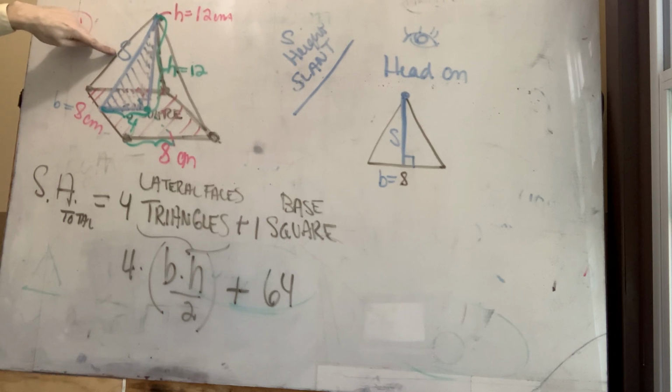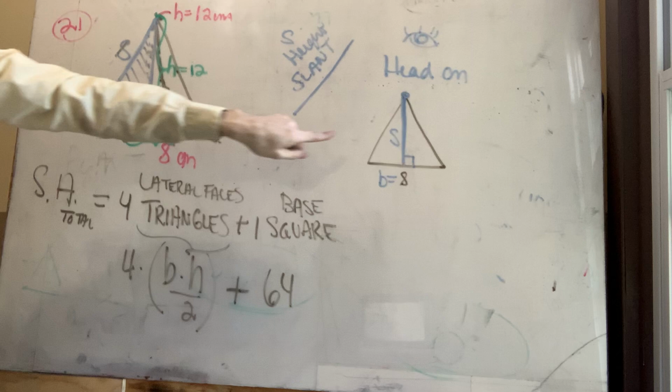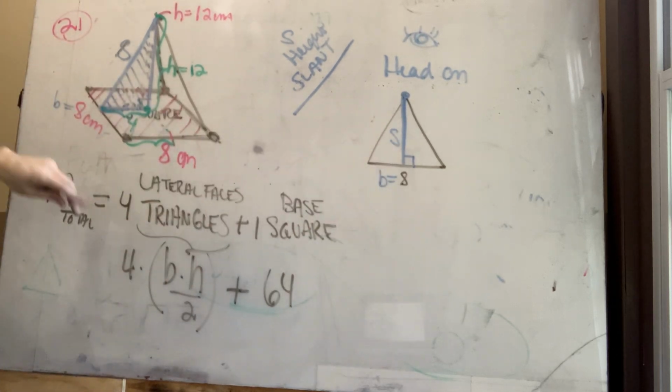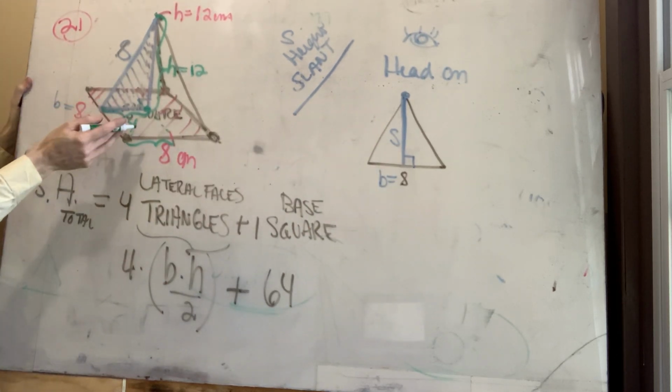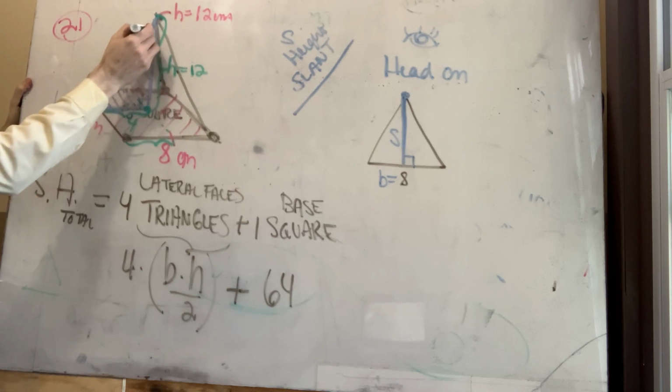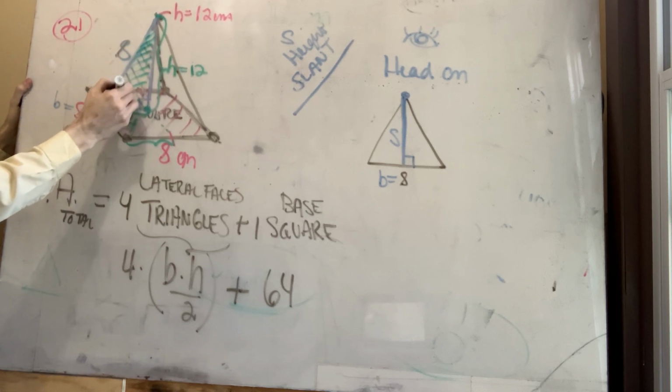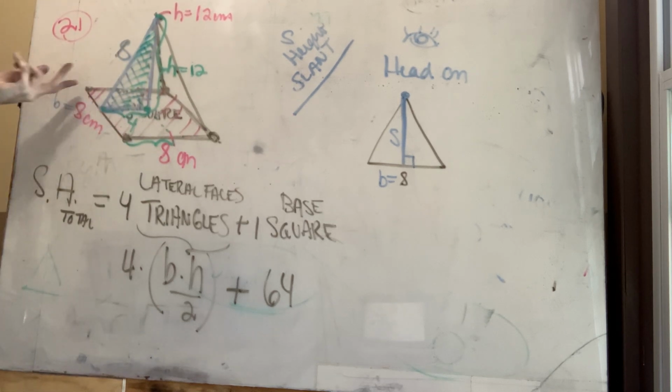We can now calculate this dimension, the slant height, for this purpose later, from the Pythagorean Theorem. We're just going to have to change the labels.